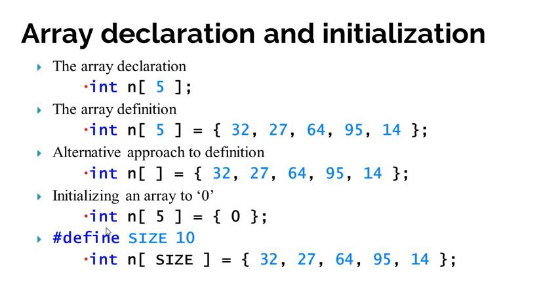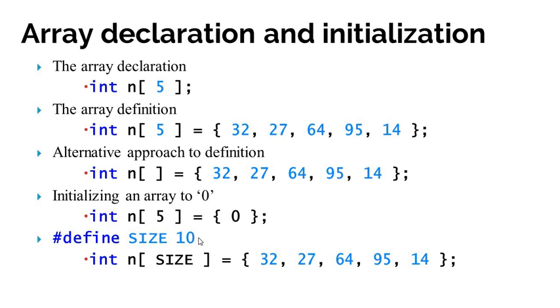So it is just another example. #define means you are defining a macro preprocessor, and it is just another way of declaring a constant. The name of my constant is SIZE, separated by a space, followed by the value. So the value of SIZE is 10.